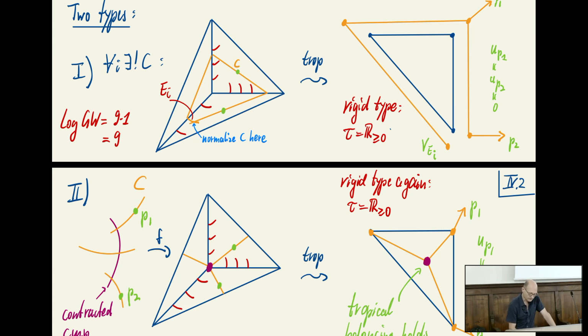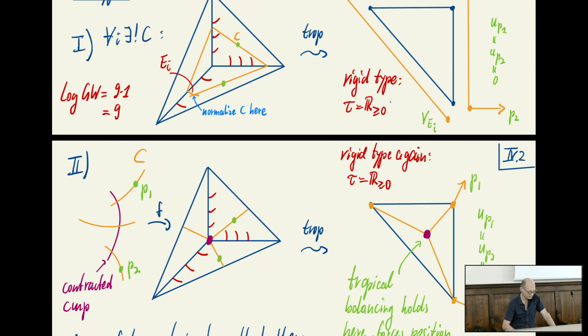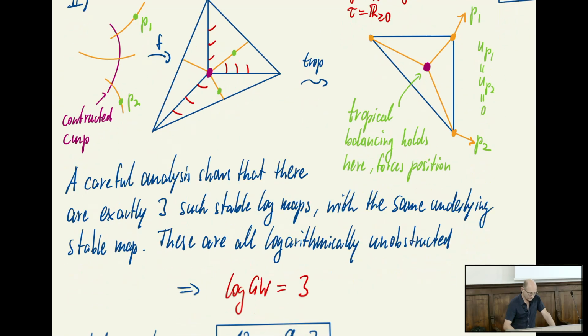So the corresponding tau is a one-dimensional array, meaning that if you intersect with your point 1 in the tropicalization of your base, you just get something tropically rigid. You can't move this. These points have to stay here. Yeah, you can't. Any movement would give a different type.